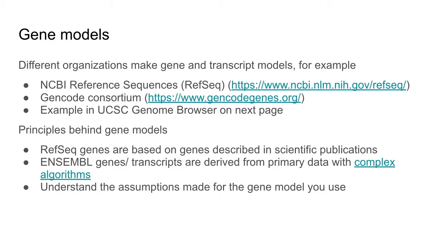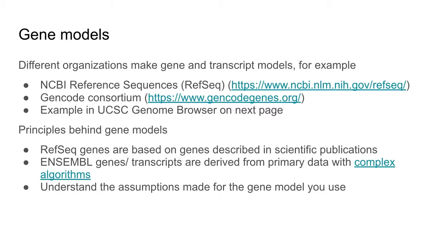So different organizations are defining genes, and some of the examples are the NCBI RefSeq database, reference sequences database, and there's also others like the GenCode Consortium. I put references here, and the University of California, Santa Cruz, UCSC, Genome Browser group, and they are also defining UCSC genes.